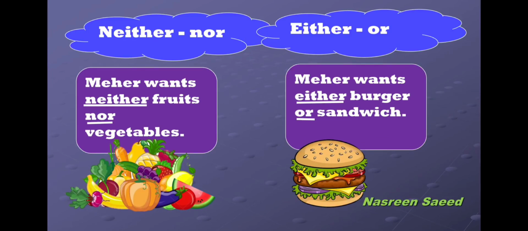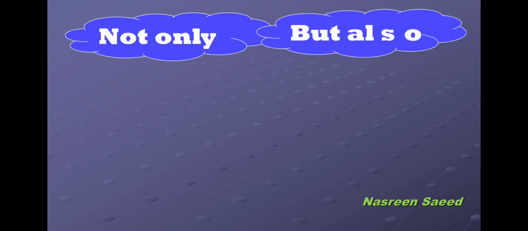So in neither nor we saw that she does not want this or that. In either or we saw that this is fine and that is fine. So that was neither nor, either or. The next pair is not only but also.